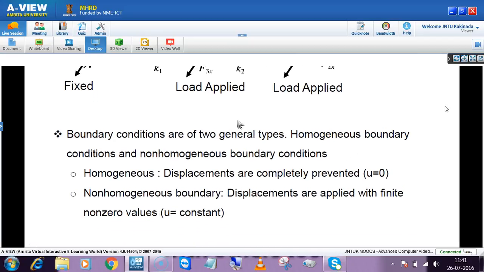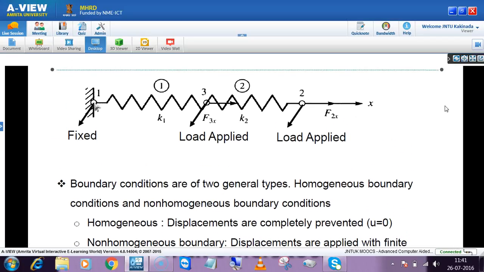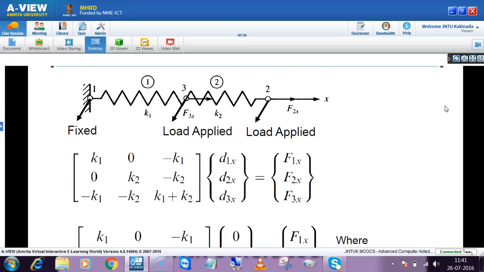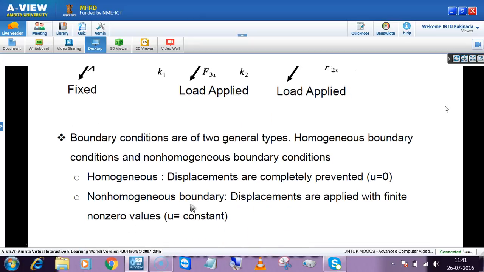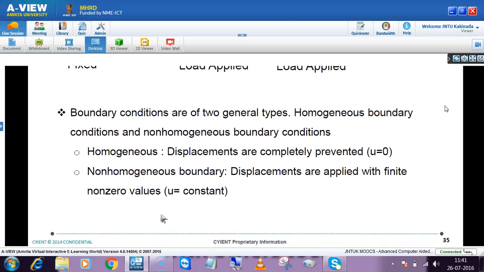Instead of giving zero as a condition, we will give a specific value. This is the non-homogeneous model. Homogeneous will be completely arrested and displacement will be zero. Non-homogeneous will be telling that instead of zero, it will be deflected to a particular value.